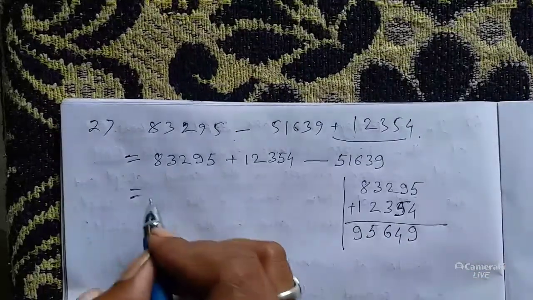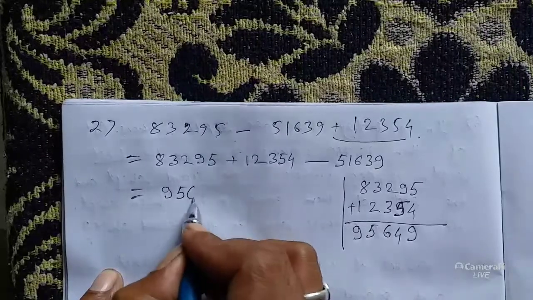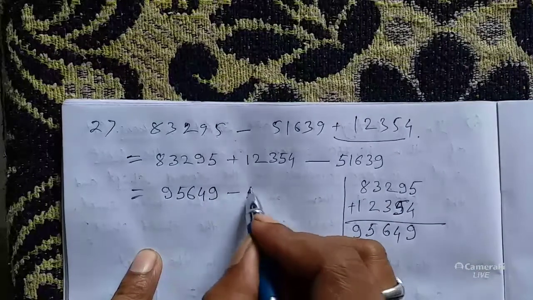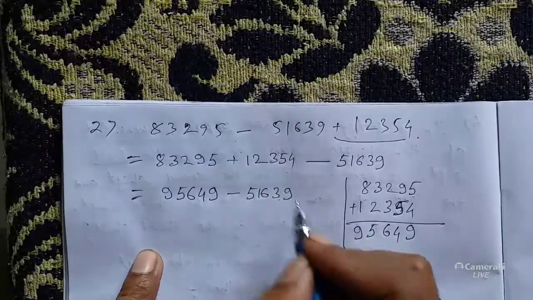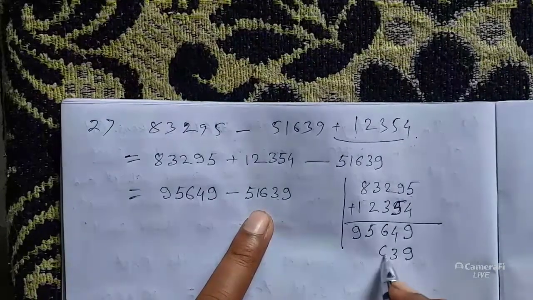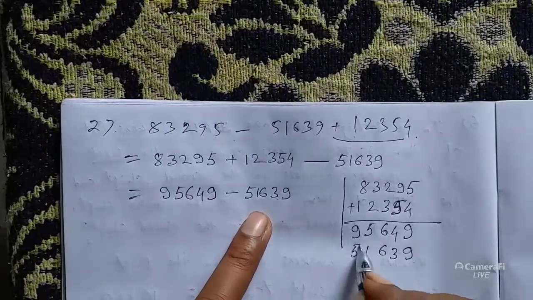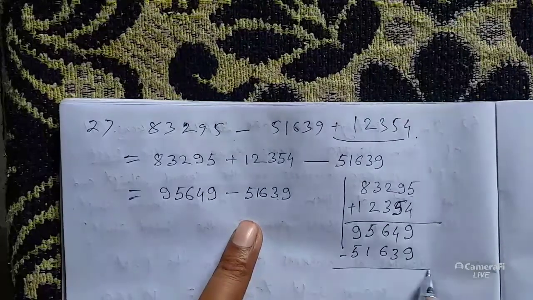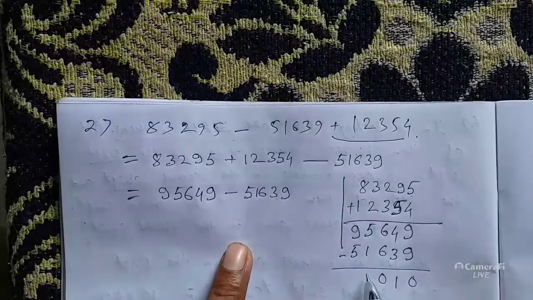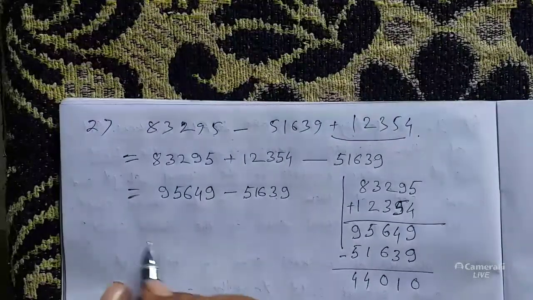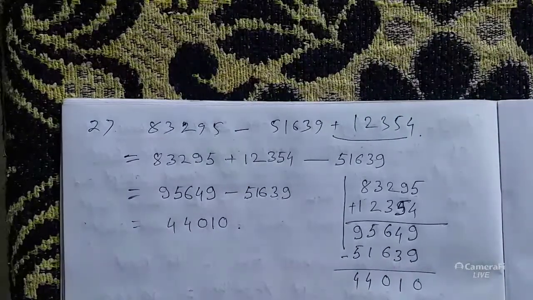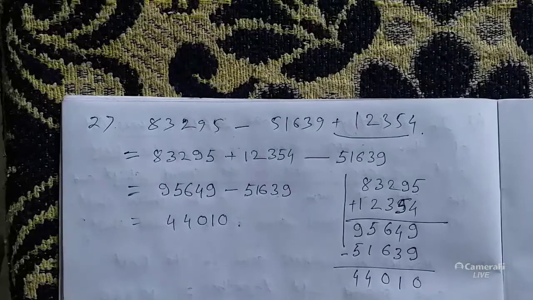So the addition result we get is 9 5 6 4 9 and then minus 5 1 6 3 9. Write the number just below it, 9 3 6 1 5. Subtract. 9 minus 9, 0, 4 minus 3, 1, 6 minus 6, 0, 5 minus 1, 4, 9 minus 5, 4. So the result becomes 4 4 0 1 0. So this is the result of the simplification.